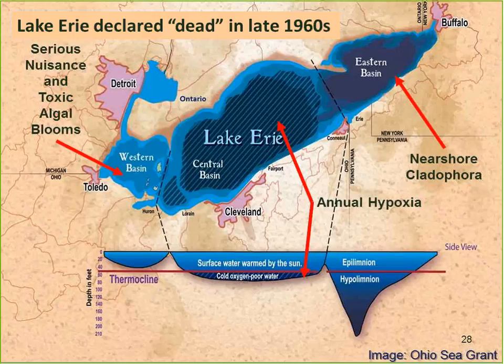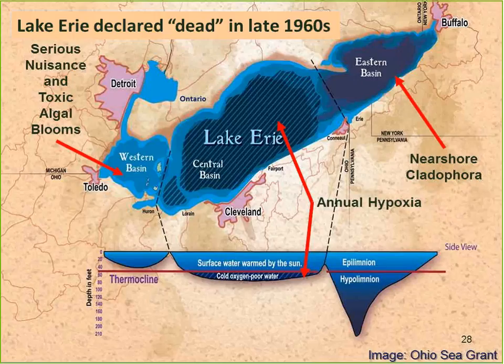Here's a schematic of Lake Erie. It's really got 3 basins and 3 distinct problems. It's the shallowest of the Great Lakes. The western basin is really shallow, and that's where the toxic algal blooms appear. There's Toledo at the west end of Lake Erie.